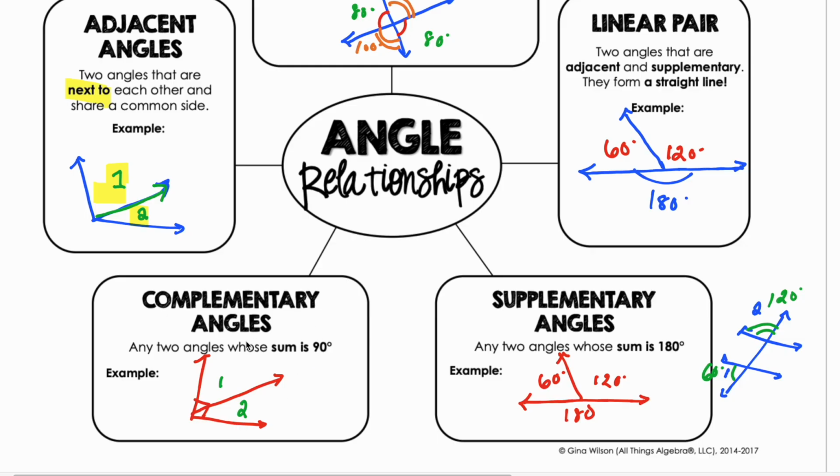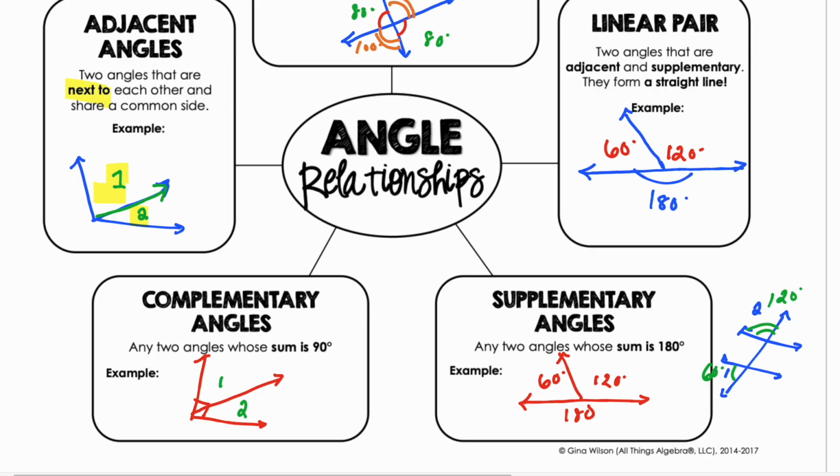Same thing with complementary angles. They don't have to be adjacent like the linear pair does, but they oftentimes are. A lot of times complementary angles are often adjacent, but that's not a set rule that they have to be.